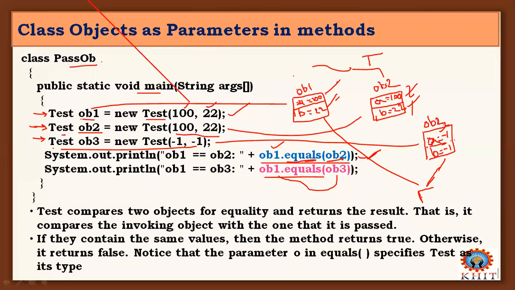So the result is false, and it simply writes false on the screen. Got it? This is how we achieve the concept of passing an object as a parameter to a method, and we learned different ways of designing programs for Java classes.